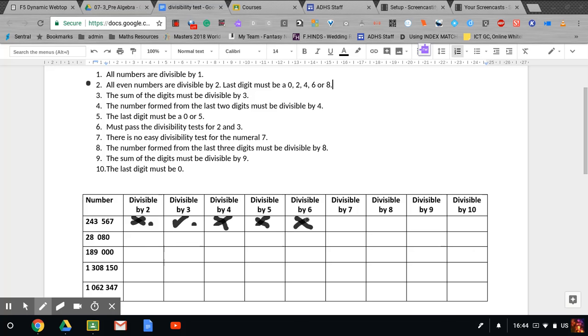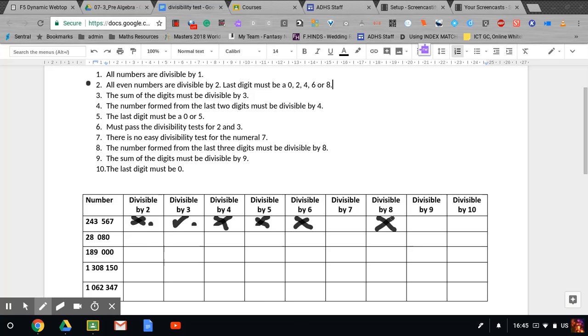Divisibility test 8. So we're now looking at the last 3 numbers. 5, 6, 7. 567. Does 8 go into that? 8 into 56 goes, but into 567 no, it doesn't go. And divisibility test 9. Now we've got to add those up again. 2 plus 4 is 6.